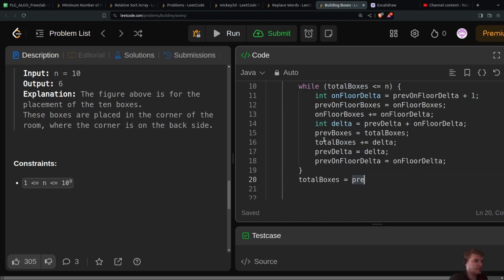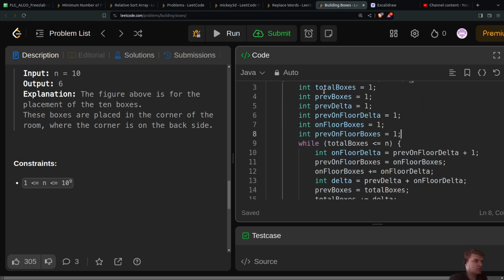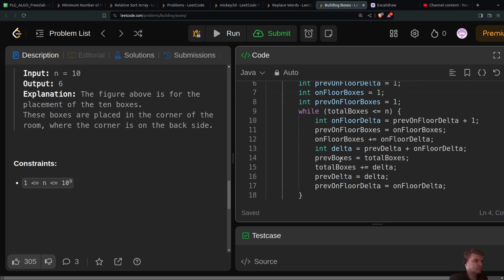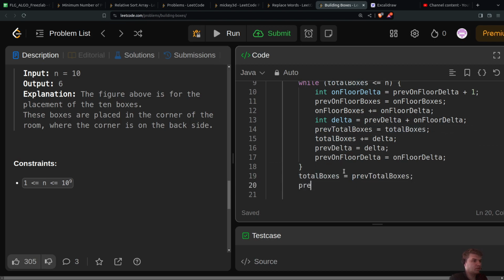Total boxes equals prev total, and then prev on floor boxes equals prev on floor boxes.